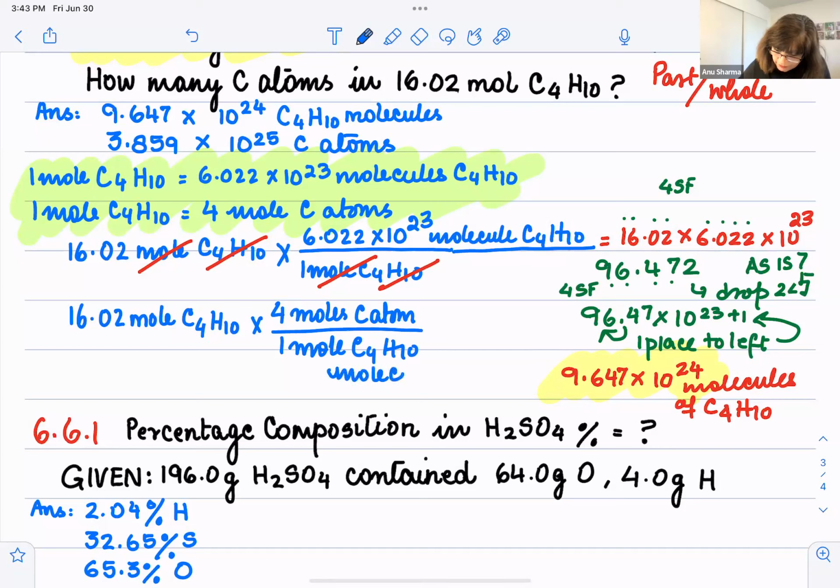Remember, atoms are a part of molecules. So here you will see that the moles of C4H10 and the moles of C4H10 cancel out. You see, it's easy. So next, you're going to multiply, do the math.